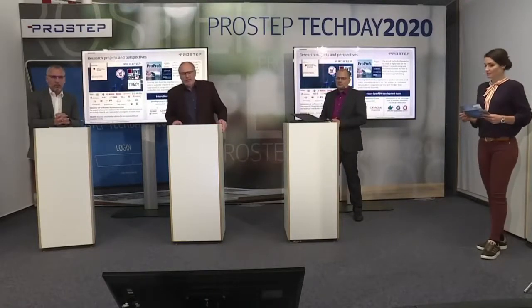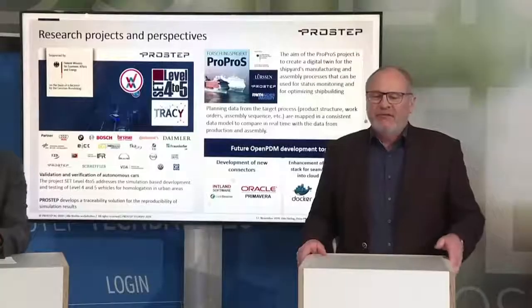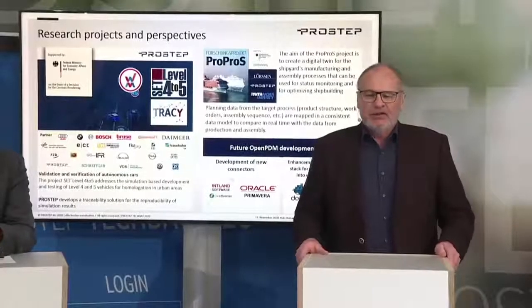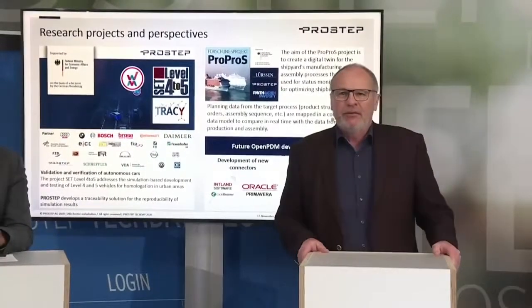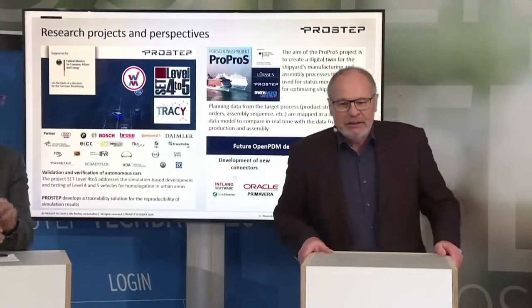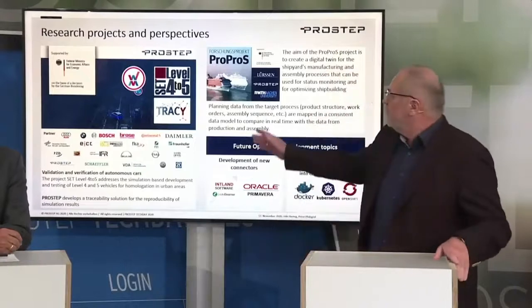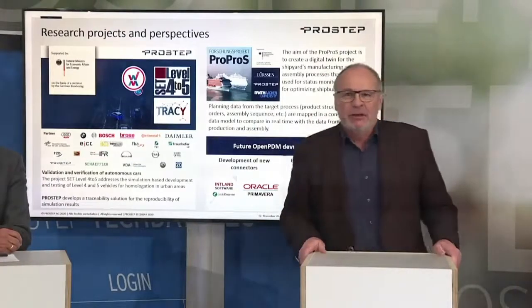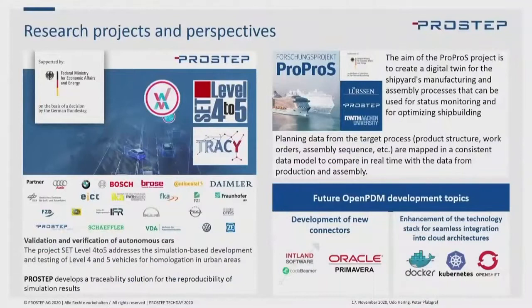Before we get to talk about that, I would just like to highlight two development projects where we are involved with our PDM expertise. That is set level 4 to 5. It's about autonomous driving at this point. And set level 5 is a fully autonomous vehicle that can drive without a driver, and 4 is the precursor level.